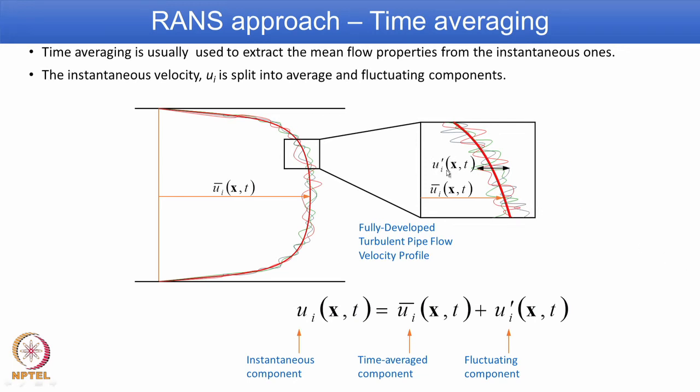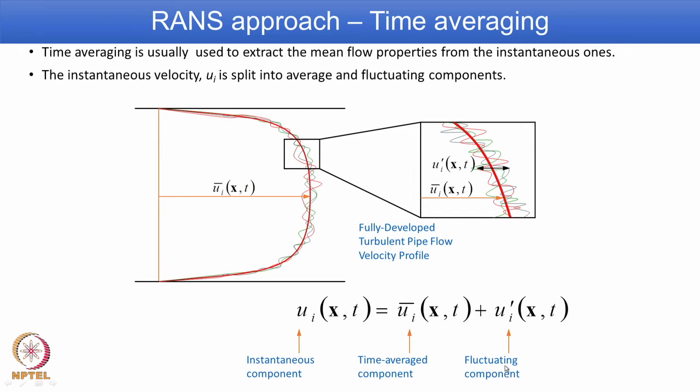In this case it is u i prime (x, t). You can put them together and that will give you the instantaneous quantity, as shown in the expression here: u i (x, t) equals u i bar (x, t) plus u i prime (x, t), where u i is the instantaneous component, u i bar is the time average component, and u i prime is the fluctuating component.